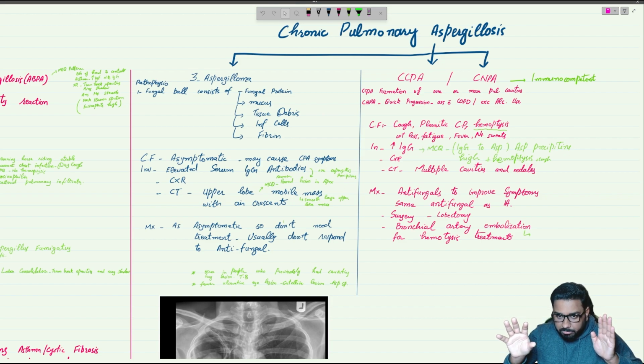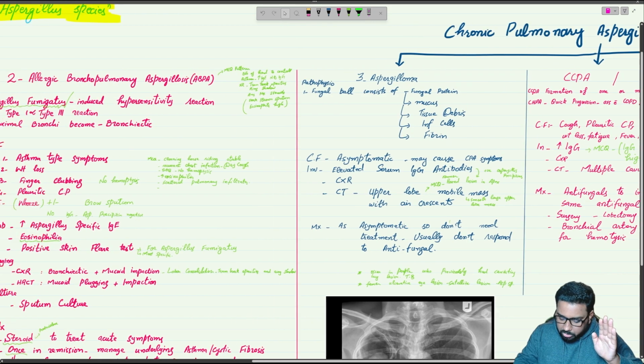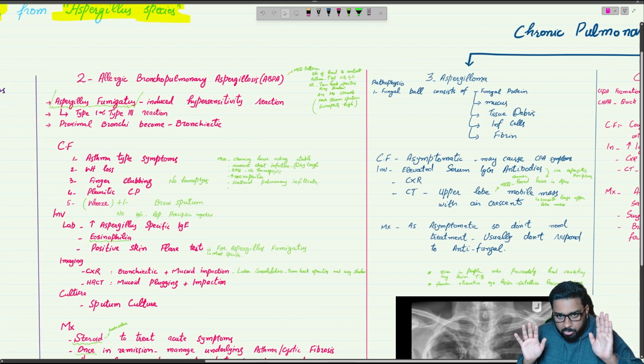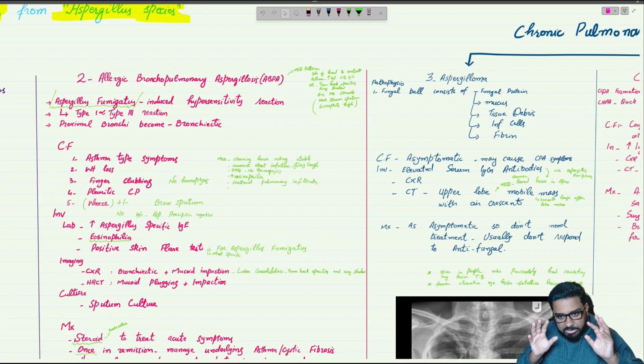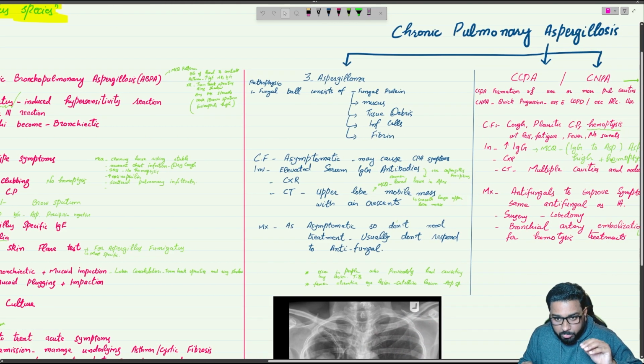Someone working as a farmer, background of severe asthma, right here we are talking about allergic bronchopulmonary aspergillosis. Someone working as a farmer, the X-ray is showing some mobile mass and round lesion, we are talking about Aspergilloma.